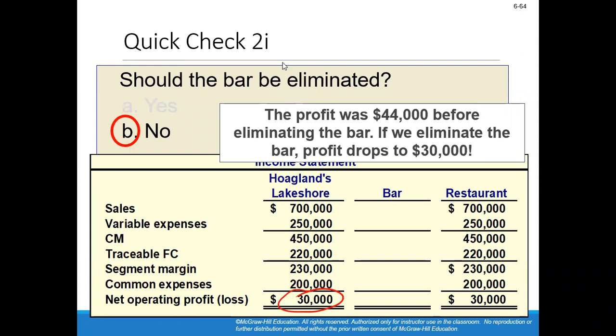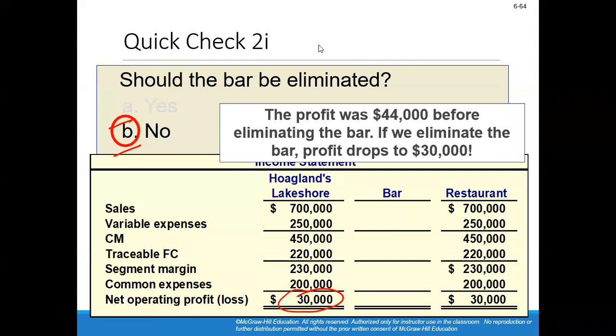Our profit has become lower. So now what will be your decision? Should you continue your bar or should you stop it? You should not stop it, because even after stopping the bar, your profit has dropped from 44,000 to 30,000.